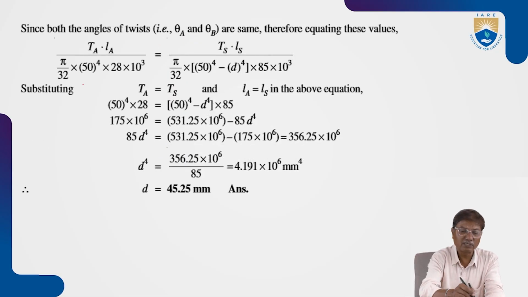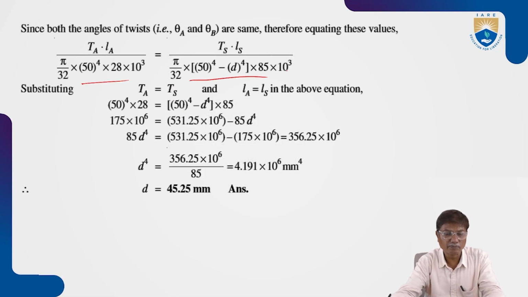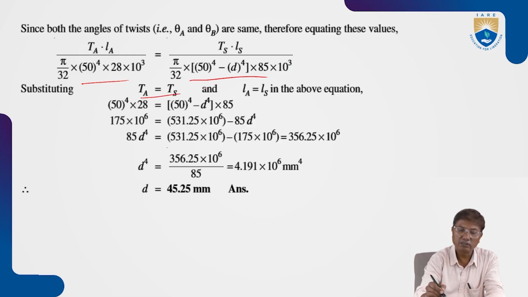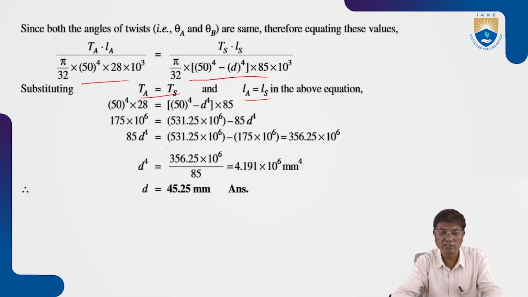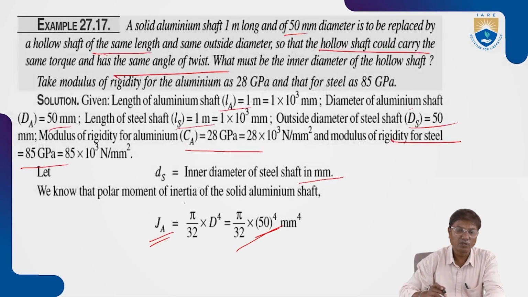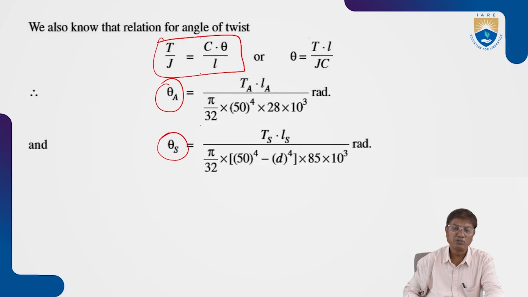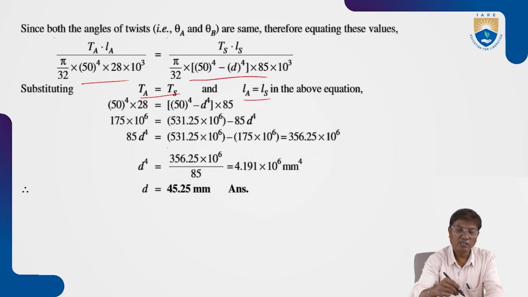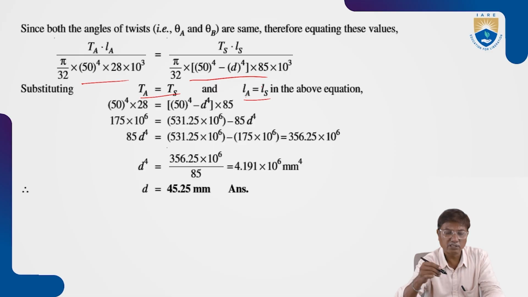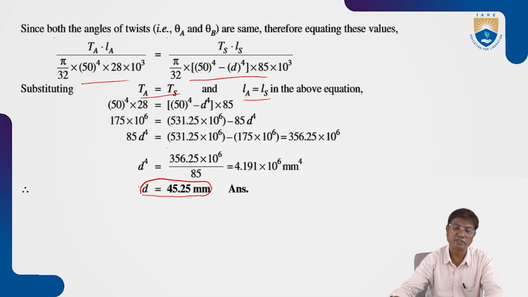So equating theta A to theta S and also substituting TS equal to TA and LS equal to LA, isn't it? The lengths are same and torques transmitted are also same. What is given? Have to transmit same torque. So TA and TS are equal, LA and LS are equal, from which you will get the inner diameter finally as 45.25 millimeters.